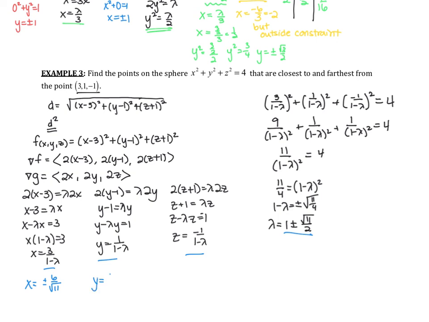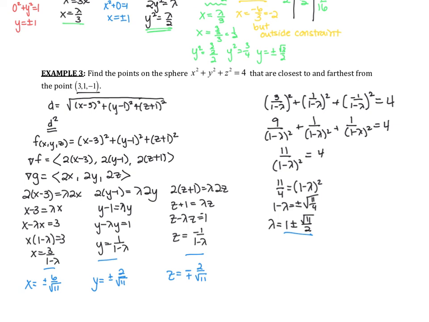Y is going to equal plus or minus 2 over root 11. And z is going to equal the opposite. I'm going to write it opposite. I know that looks weird. I know plus or minus is really still plus or minus, but with it being negative 1, it's going to switch that plus or minus.